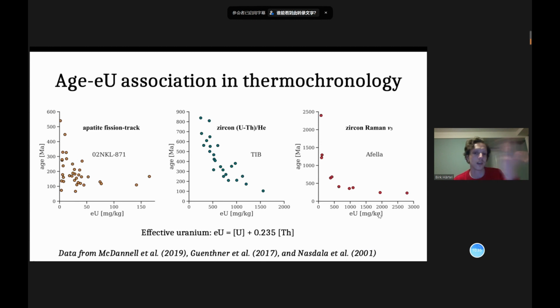Or we can say, usually the ages become younger within the sample with increasing content of uranium and thorium. This is a really interesting phenomenon that we find in different thermochronological methods. And so the big question arises: why does this happen?